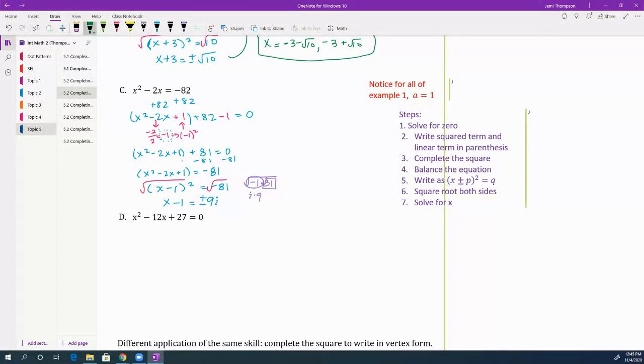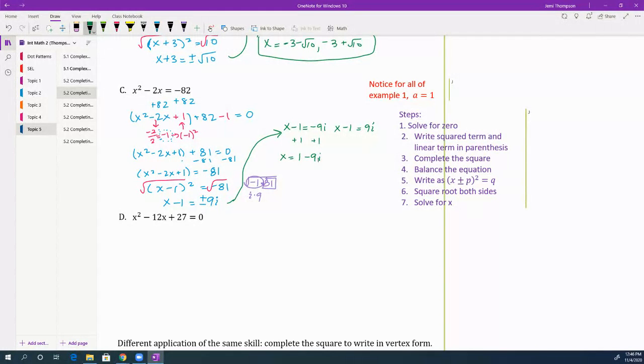Okay, well, that's a little different. So now I've got x minus 1 is equal to negative 9i, and x minus 1 is equal to positive 9i. To solve, I add 1 to both sides.